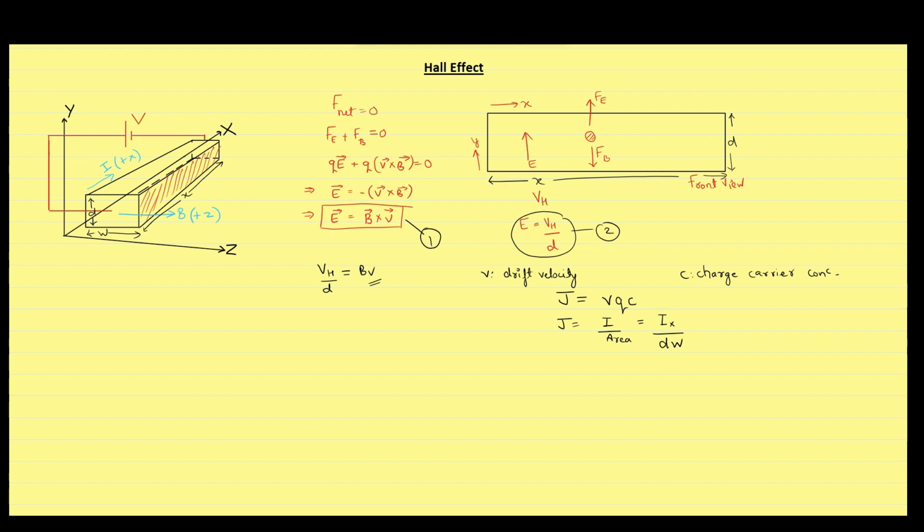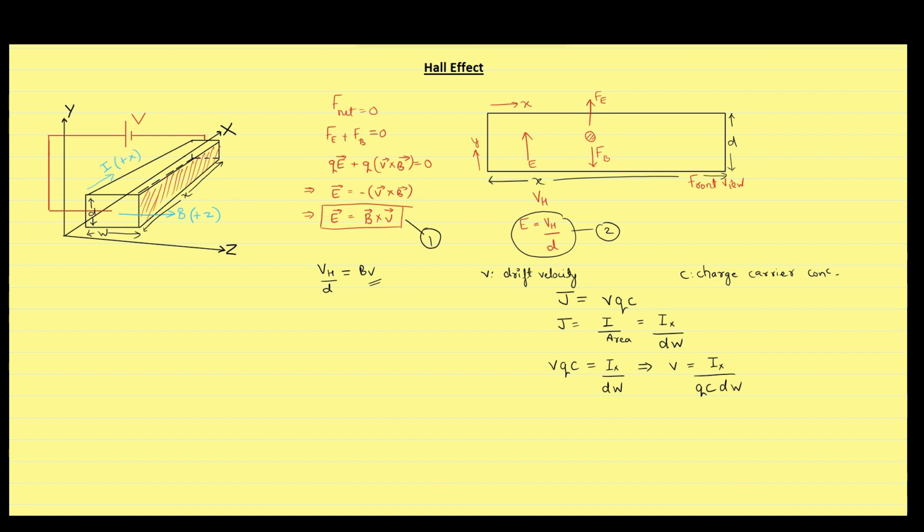Now equating these two values of drift current density, we will get drift velocity multiplied by charge multiplied by carrier concentration equal to current in the x direction divided by d into w. It will give drift velocity to be equal to current divided by charge into carrier concentration into depth into width.